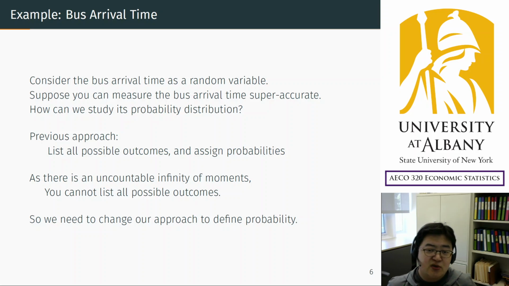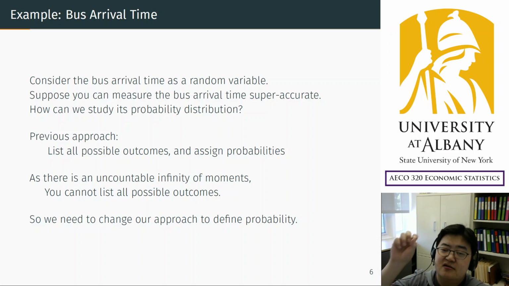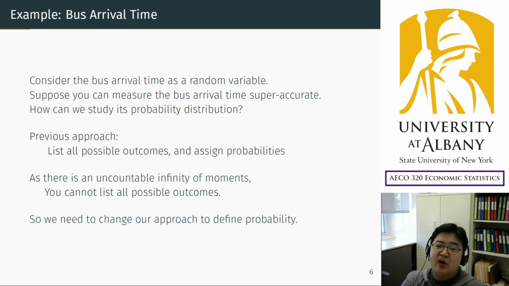Based on our previous approach from the earlier chapters up to chapter 5, our approach was to list all the possible outcomes and assign probabilities. So we made a probability distribution table. By making a table, we could describe the full probability distribution.